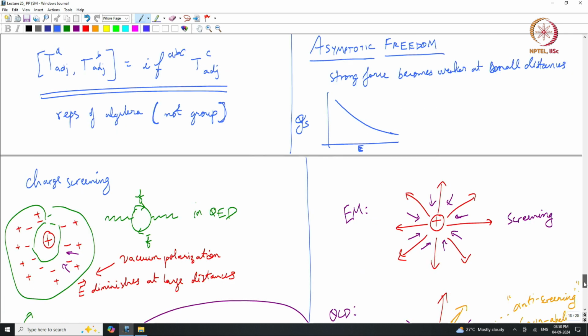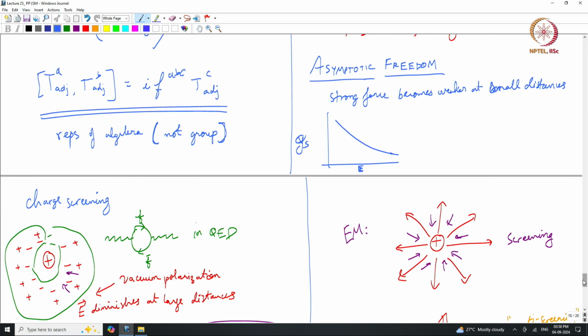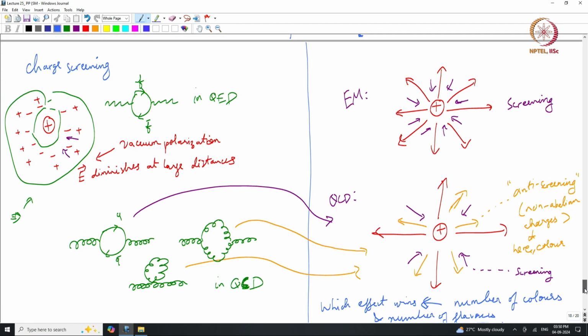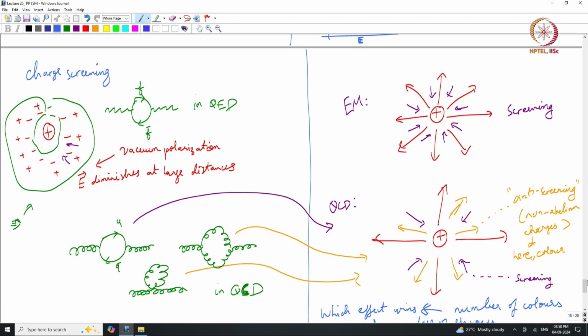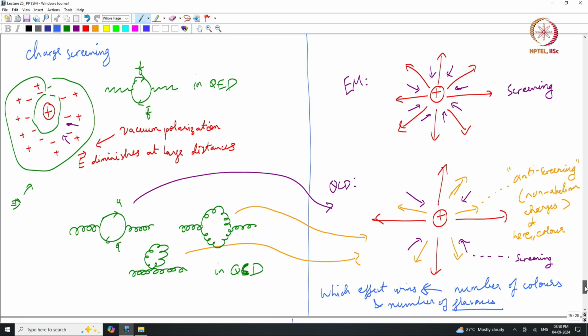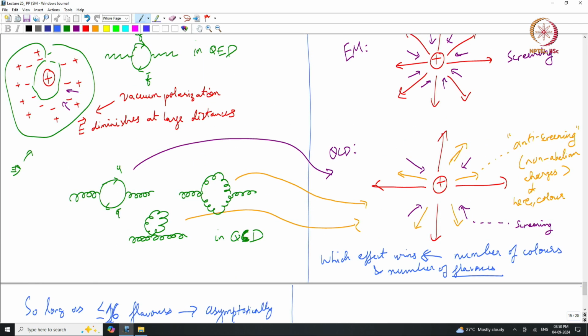Okay, the actual calculation involves a lot more field theory, but at least in an intuitive cartoon way we can understand where asymptotic freedom comes from, namely that when you have electromagnetism you only have screening coming from the vacuum polarization due to diagrams like these where you split off a fermion and antifermion, but when you have non-abelian theories, because of these extra vertices you also have vacuum polarization where you split off the field itself, the gluon in this case, because of which you have, in addition to screening, an anti-screening effect which basically enhances the field for a distant observer, okay.